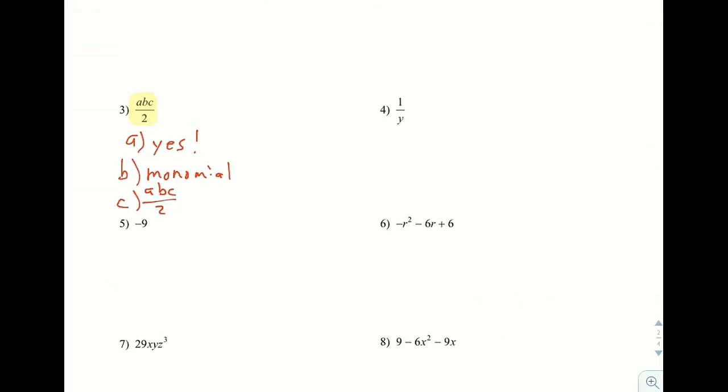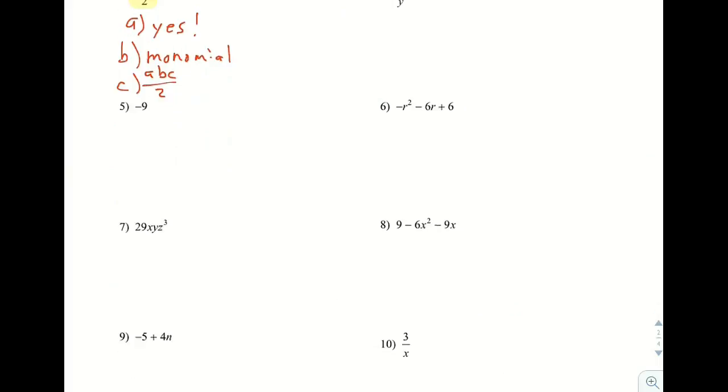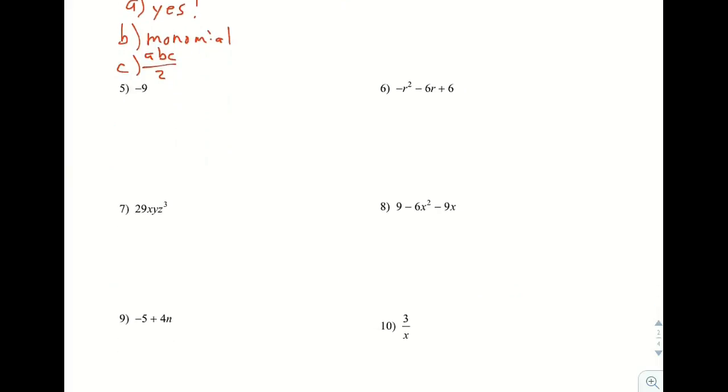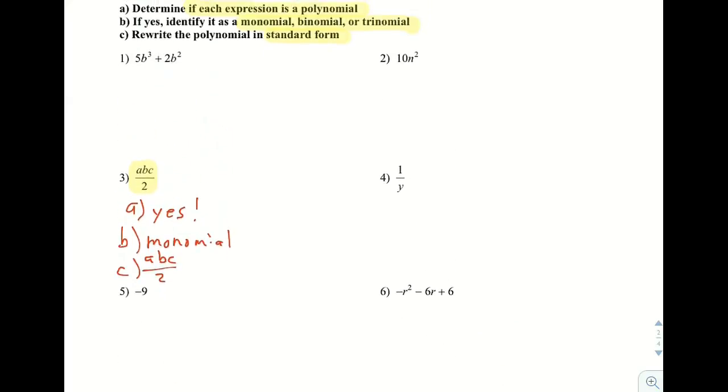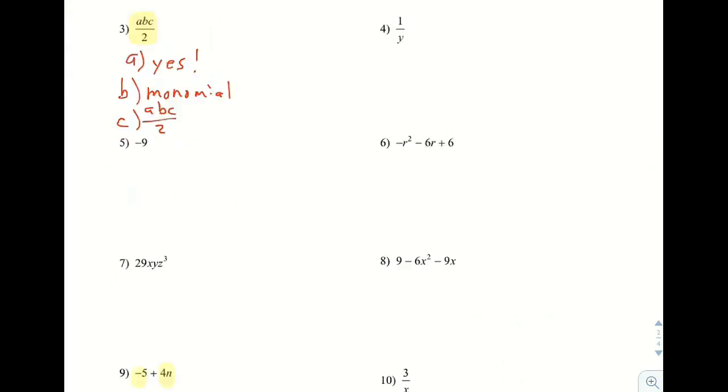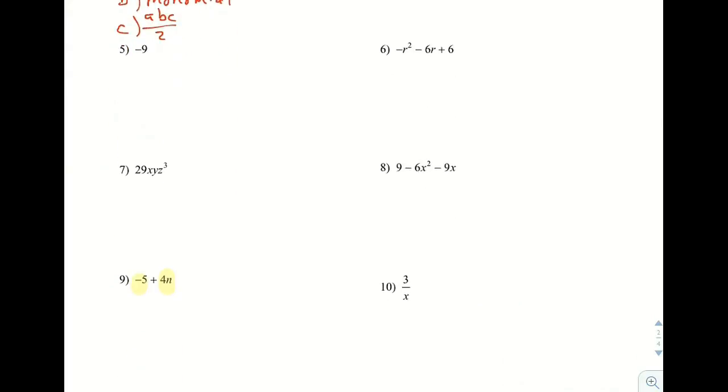Let's try another example. Let's try number 9. And on number 9, I have a chunk and a chunk. So I have two different chunks separated by addition. Going back to our prompts, it says determine if it is a polynomial. Well, I see letters and numbers, and that's all good.